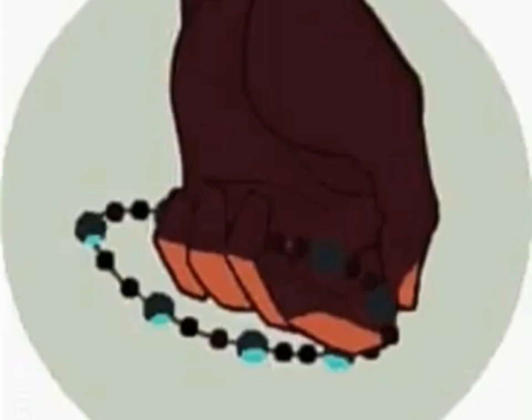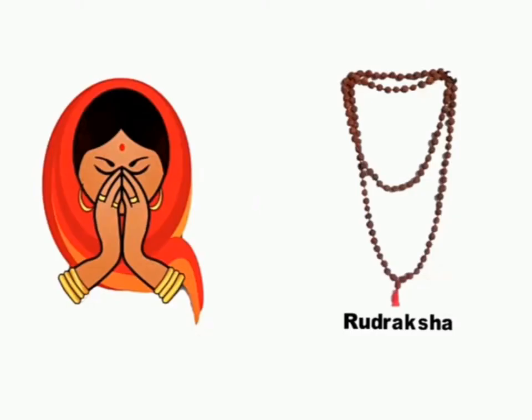Rosary means a string of small round pieces of wood, which most Roman Catholics use for counting prayers. She was always telling the beads. Her lips constantly moved in prayer.